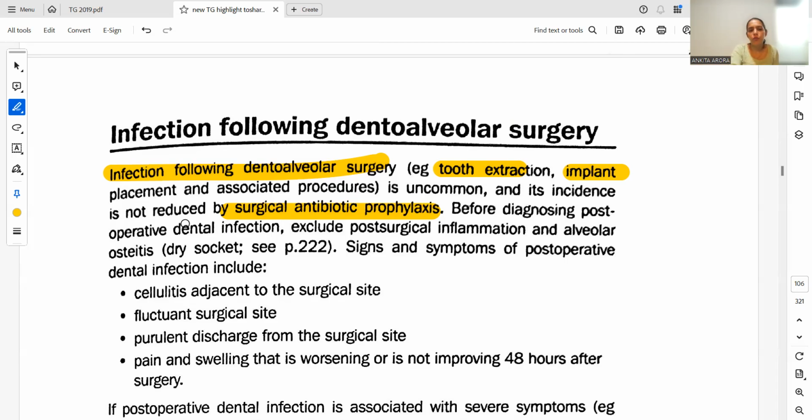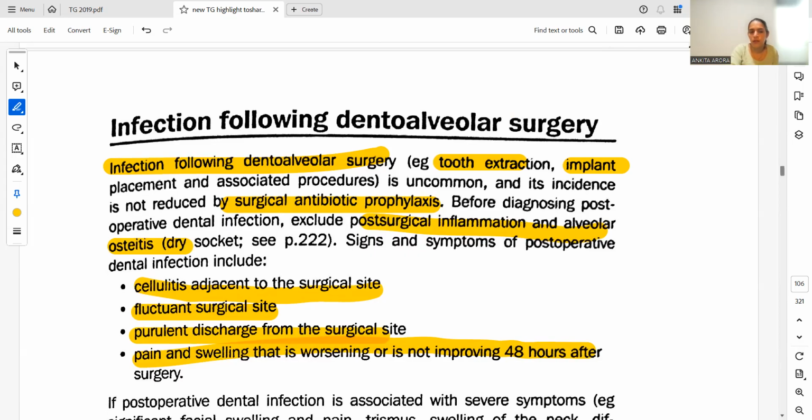Before diagnosing post-operative dental infection, we should exclude post-surgical inflammation and alveolar osteitis, which is dry socket. Signs and symptoms of infection are cellulitis adjacent to the surgical site, fluctuant surgical site, purulent discharge from the surgical site, and pain and swelling that is worsening or not improving 48 hours after the surgery.